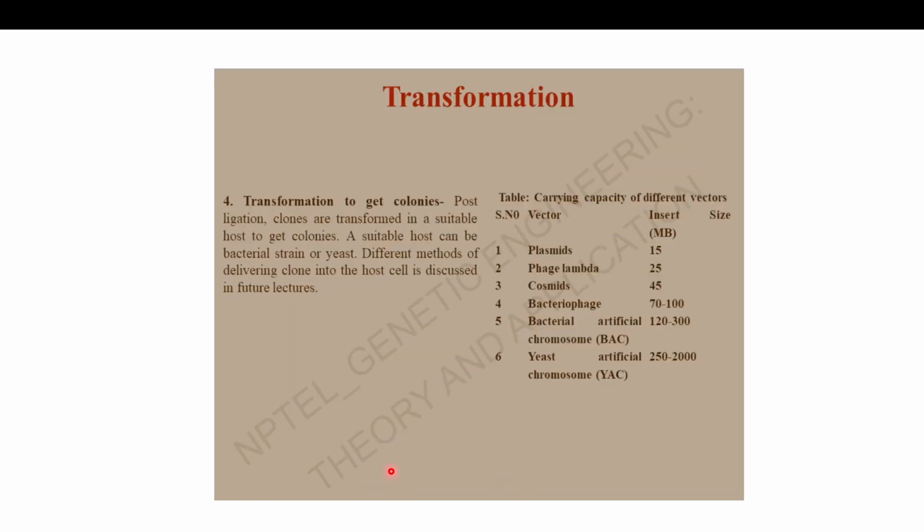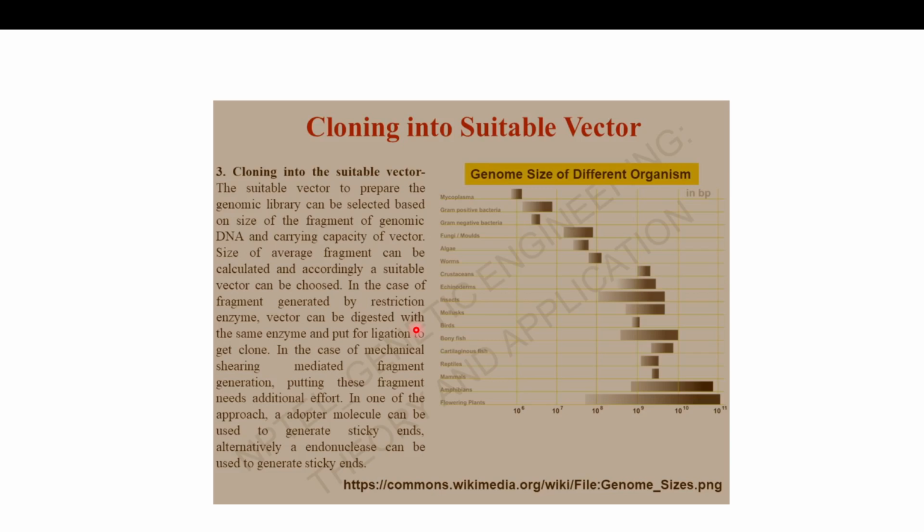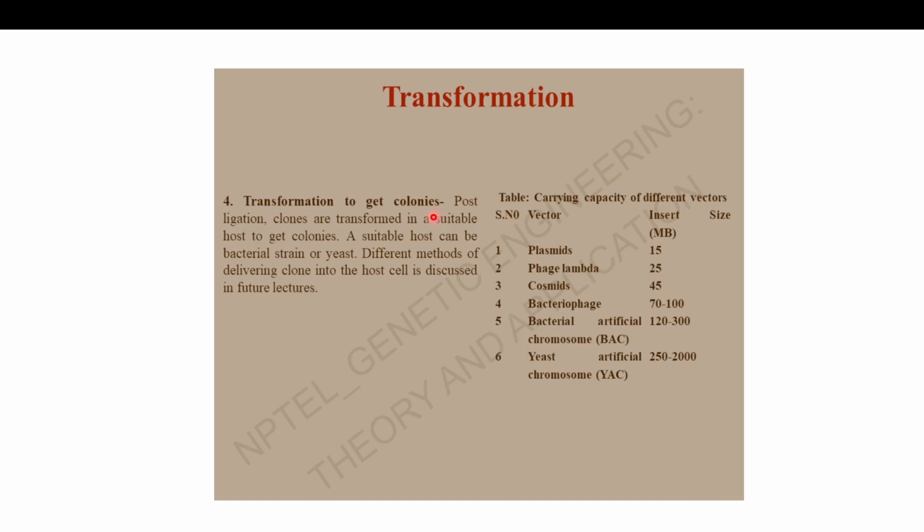Now you have cloned it, you have the recombinant DNA molecule, and you have to introduce that recombinant DNA molecule inside your host cells. Whichever host cell you want, whether it be plants, yeast, bacteria, or mammals, you can transform it.